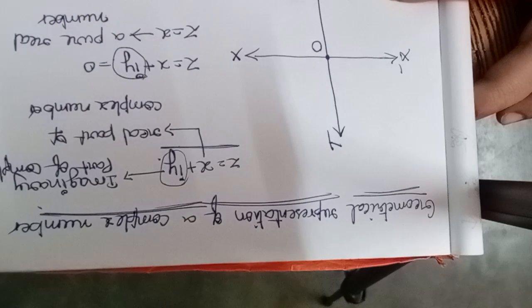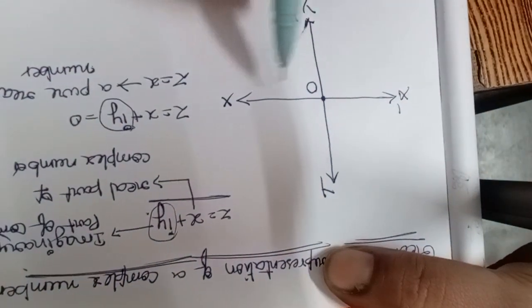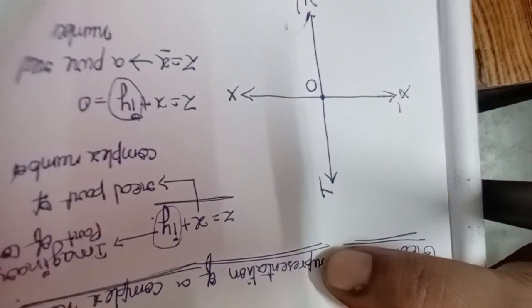So for real numbers, you can see x, right?